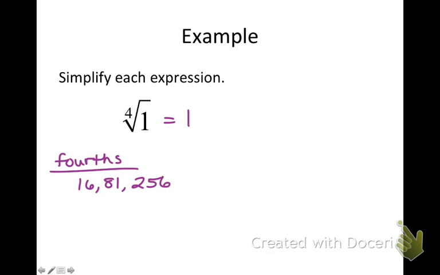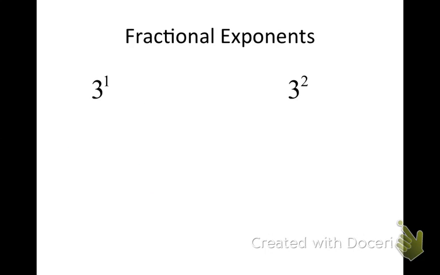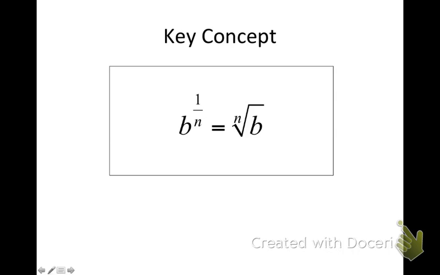Okay. So we got the idea of different types of roots. Now let's bring in our fractions. If you have a base to a fractional exponent, where 1 is in the numerator and some number n is in the denominator, whatever your denominator is in this fraction becomes the index of the radical sign.